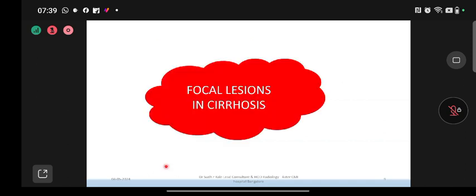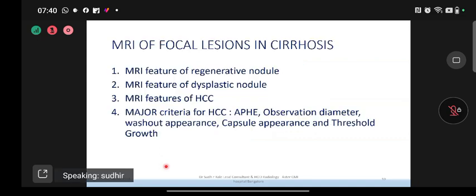Now we know CLD, and the importance of CLD is that we need to follow these patients up to look for nodular lesions. As you know, the cirrhotic liver generally has regenerative nodules with areas of fibrosis, right?